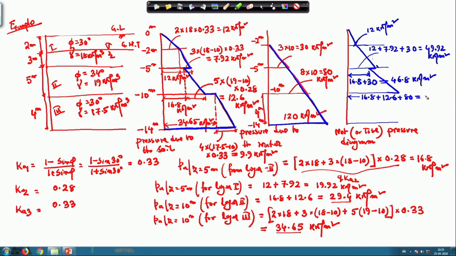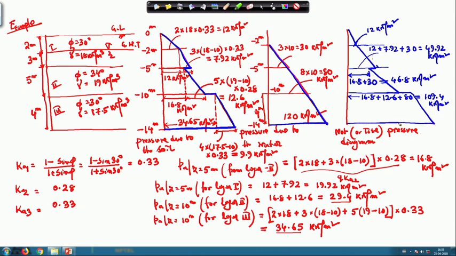So, this value is 109.4 kilonewton per meter square. Okay. So, up to this portion it is 109.4. Now, here it will increase, because here it is increasing. So, we will increase this one, and finally this will be the diagram.